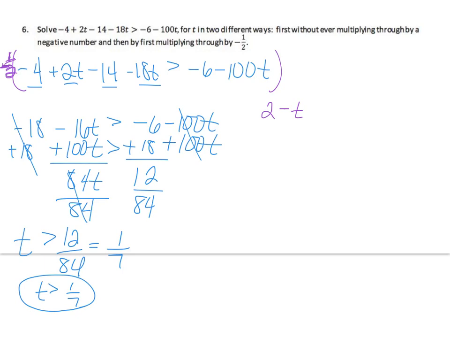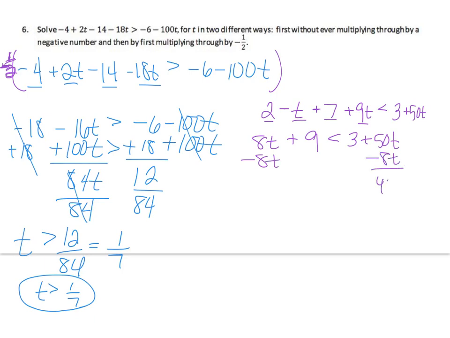Negative 1/2 times negative 14 is positive 7. Positive 9t, I just multiplied by a negative, so I need to flip that. Positive 3 and positive 50t. Now let's collect like terms. These two will give me an 8t, plus these two will give me 9. 3 plus 50t.